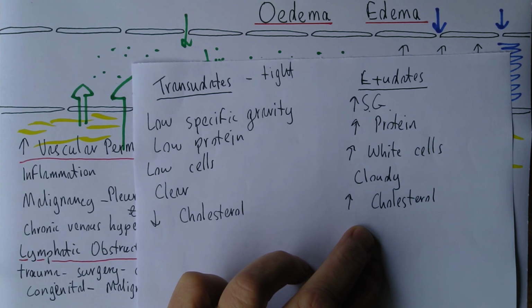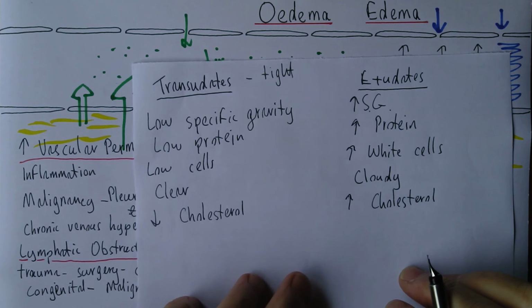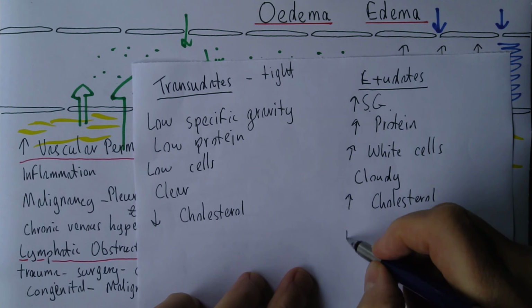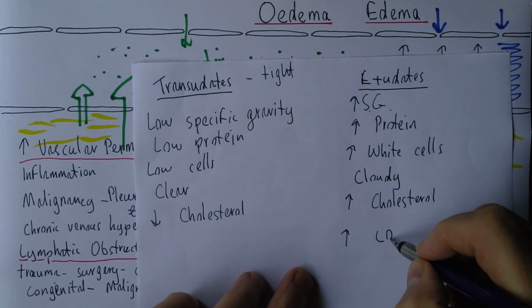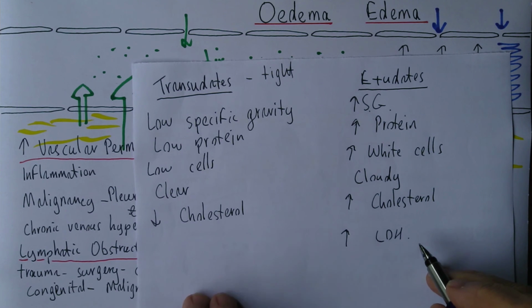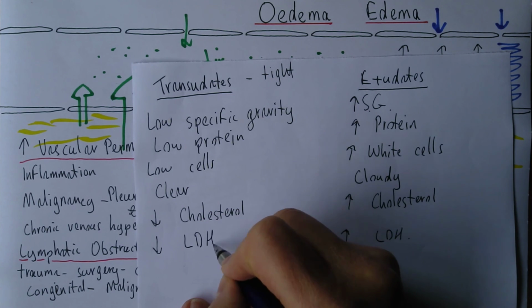And particularly if we're thinking about the pleural exudates, pleural effusion, the exudate is going to contain lactic dehydrogenase, for example, which is an enzyme produced by the pleural membranes when it's inflamed or when it's subject to a malignant process, whereas the transudate is going to be low in lactic dehydrogenase.